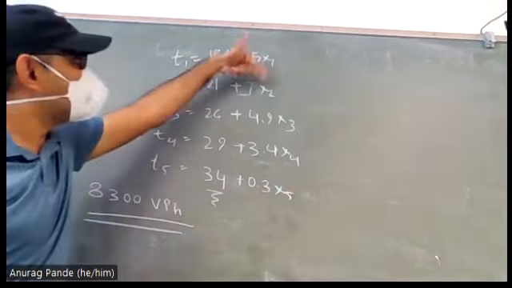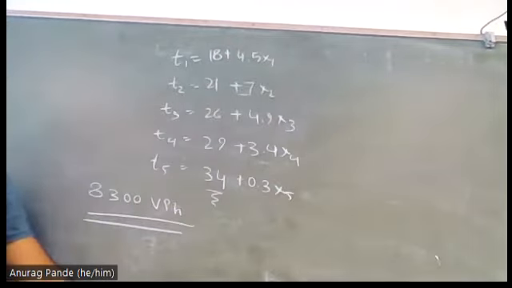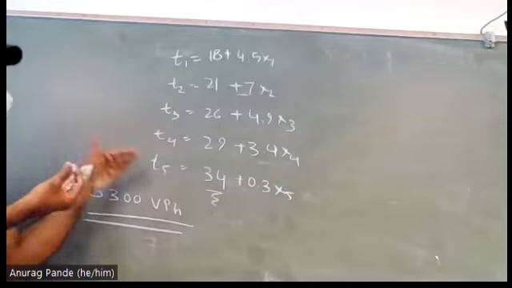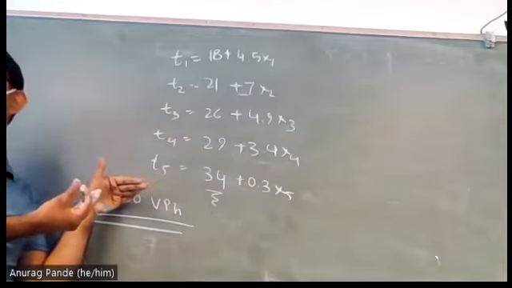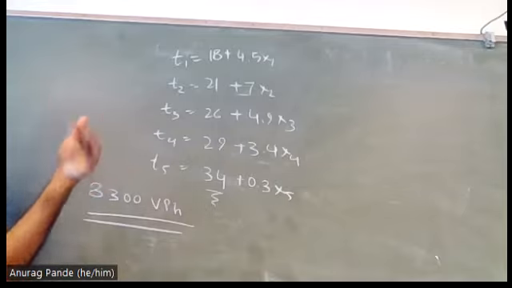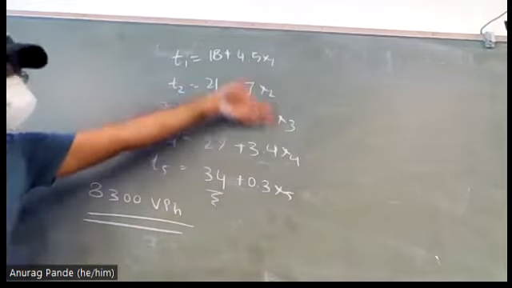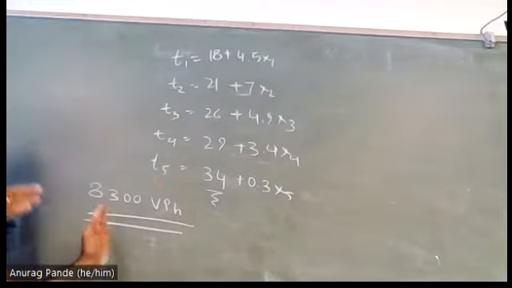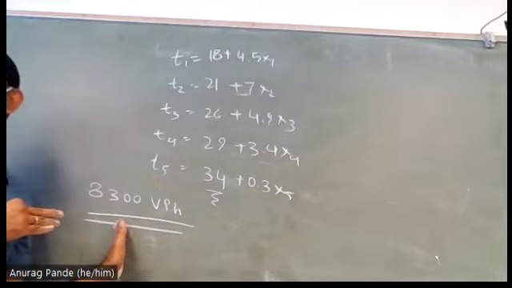Then I'll find X1, X2, X3, and X4, add them up, compare them to 8300 or 8.3 to see if I can eliminate route 5 completely. If my number comes out to be less than 8.3, I add up these four, so that means that route 5 will become competitive by 8.3 at that demand level.